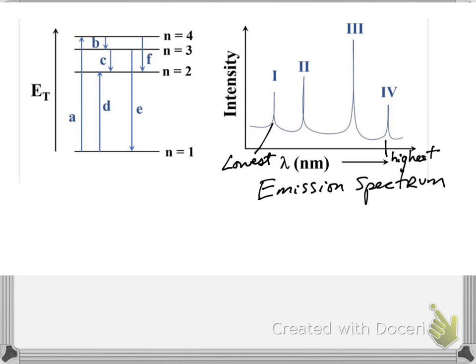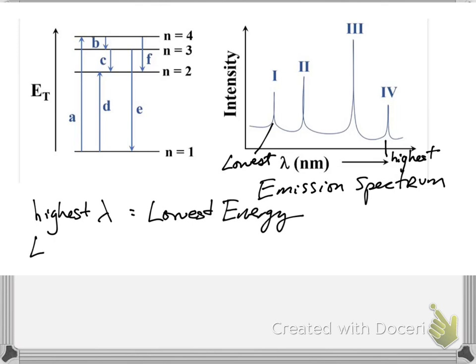And so we see that the lowest lambda, the lowest wavelength is peak 1, the highest lambda is peak 4. So the highest lambda corresponds to the lowest energy. The lowest lambda corresponds to the highest energy.